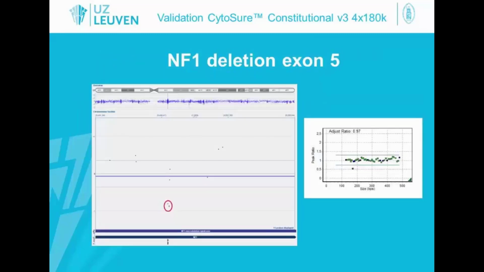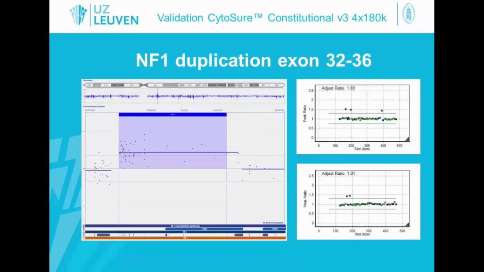So for NF1, the single exon 5 deletion was not called by the software, but this is because of our setting that 5 consecutive probes had to be aberrant in order to have a call by the software. But if you take a closer look, then you can do the manual calling of this deletion of this single exon. Then for this, it was pretty obvious that the duplication of the 4 or 5 exons was detected by the V3 array.